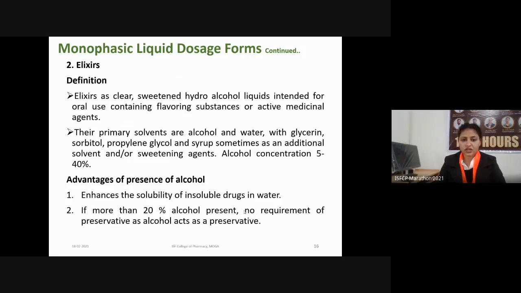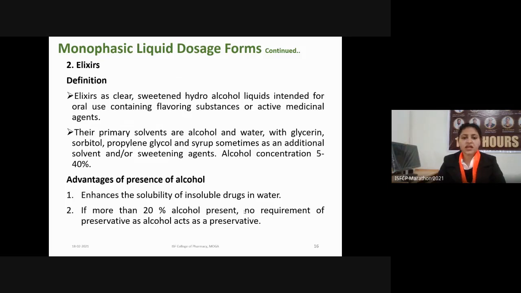This comes in the category of monophasic liquid dosage forms for internal use. Elixirs are very clear solutions and they are hydroalcoholic liquids, meaning we use alcohol in the preparation of elixirs.